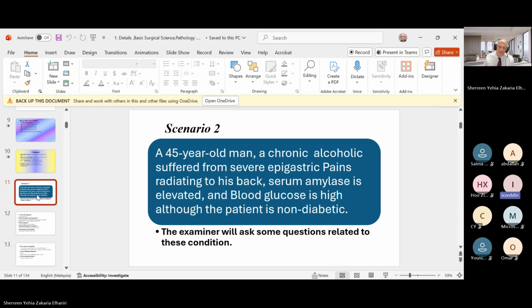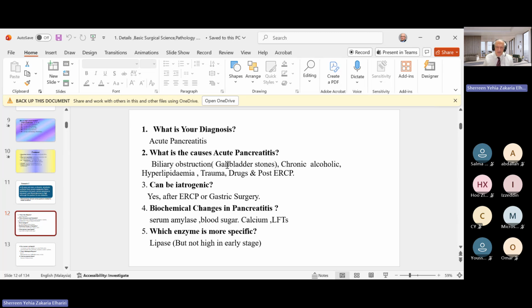It can be iatrogenic, yes, post-ERCP. So acute pancreatitis can be caused by gallbladder or biliary stone, chronic alcohol, hyperlipidemia or triglycerides, blunt trauma, which is very rare, and it can be iatrogenic, like ERCP. Okay, so what is the test you do for pancreatitis?